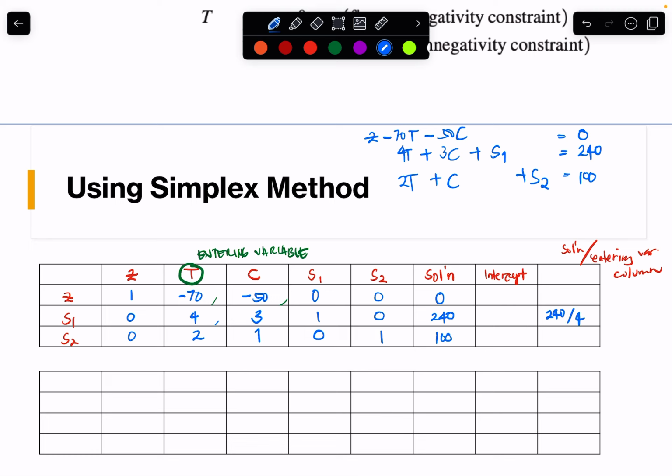So 240 divided by 4 is 60. And then we have 100, divided by 2, which is 50. Our leaving variable will be the smallest positive. The smaller of 60 and 50 is 50. Therefore, S2 will become our leaving variable.